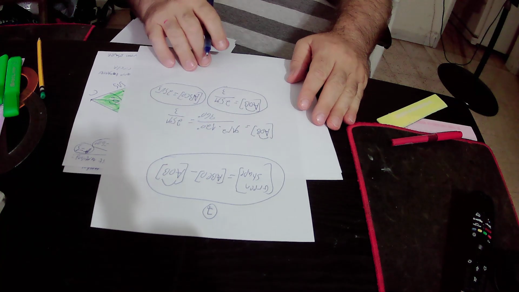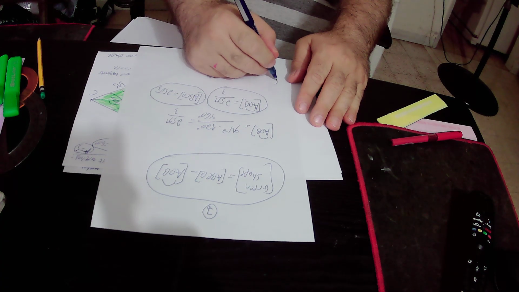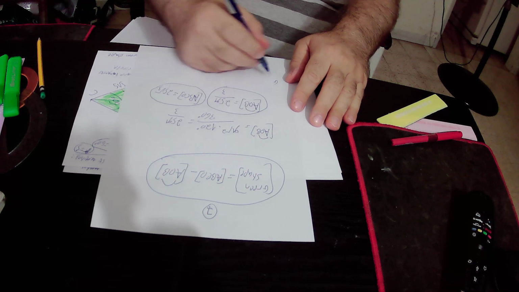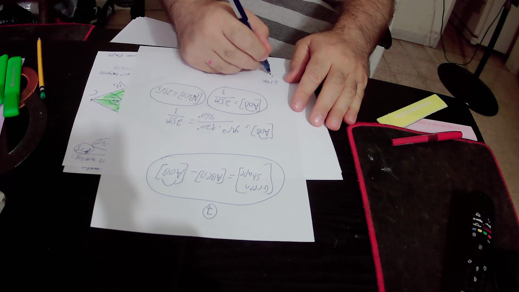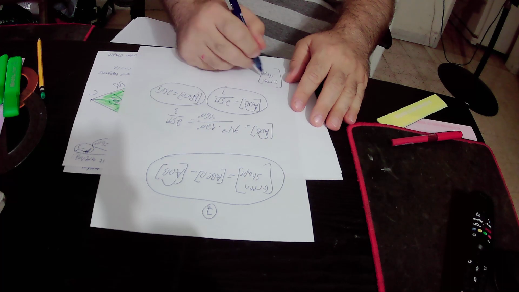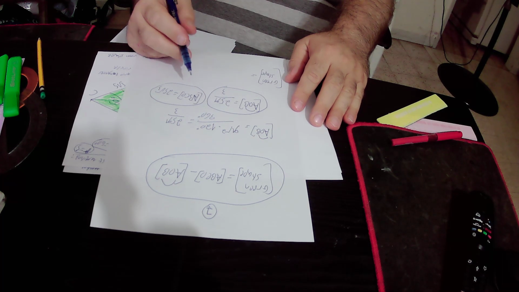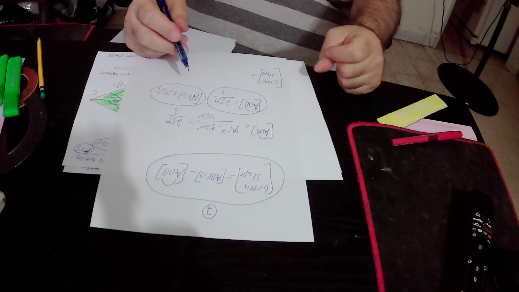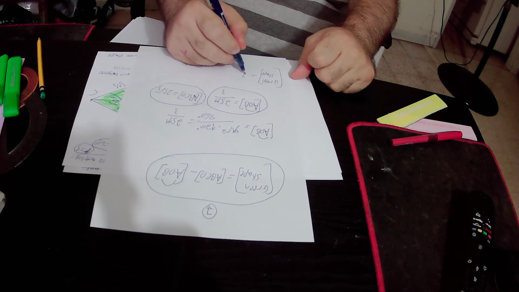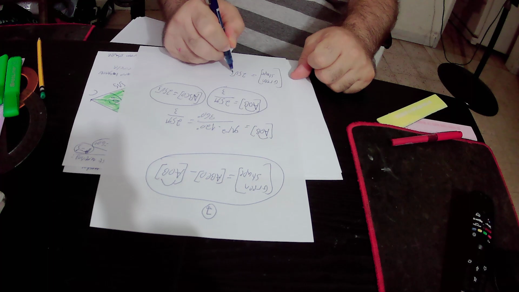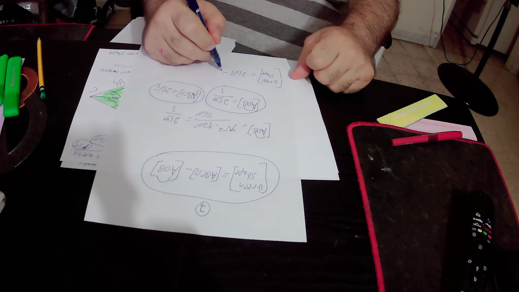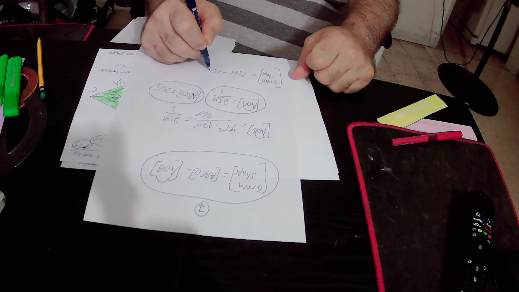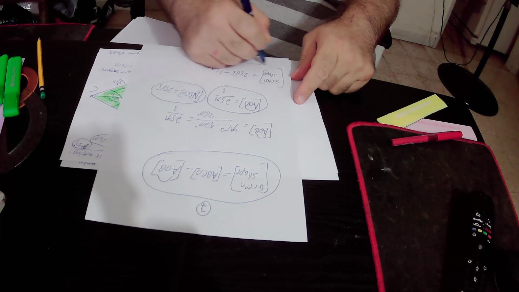So the area of the green shape, according to this formula, will be equal to the area of quadrilateral ABCO, that is 25 times root 3 square units, minus the area of sector AOB, that is 25 pi over 3 square units.